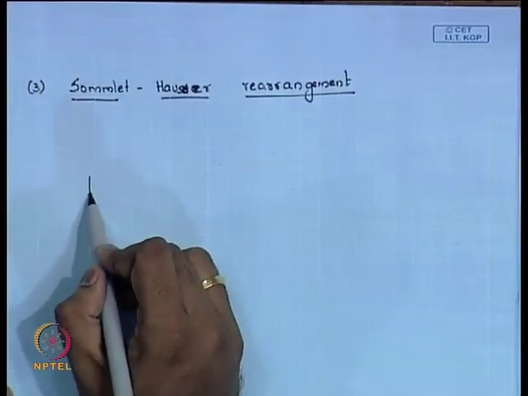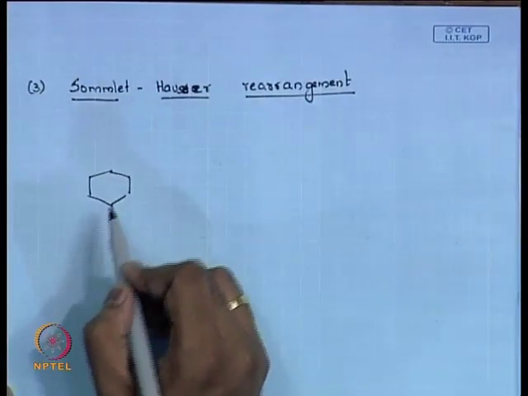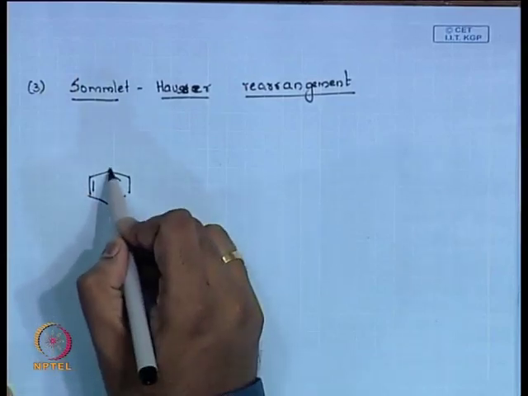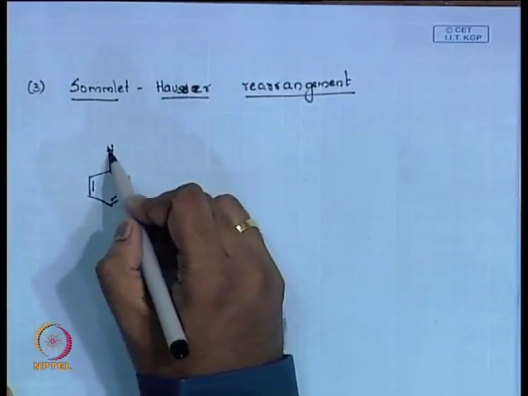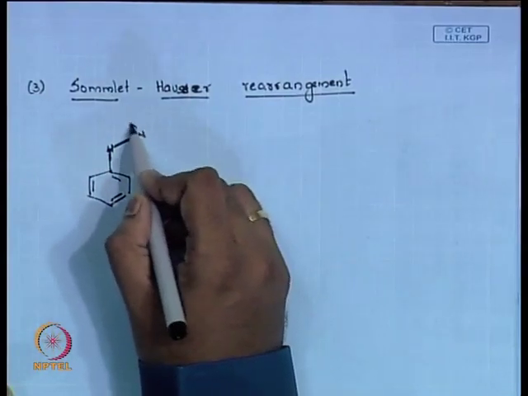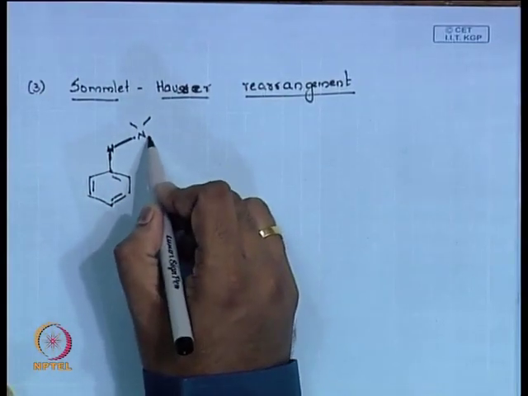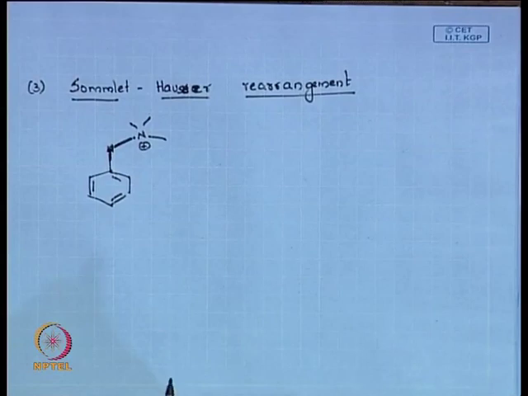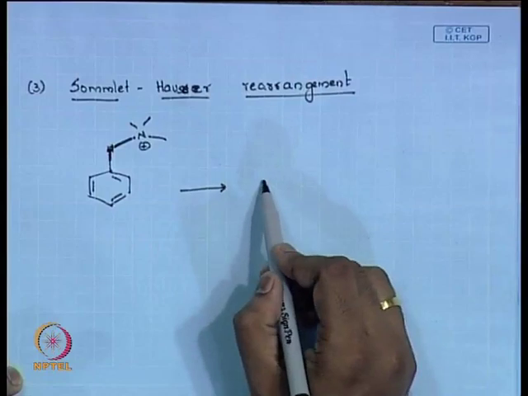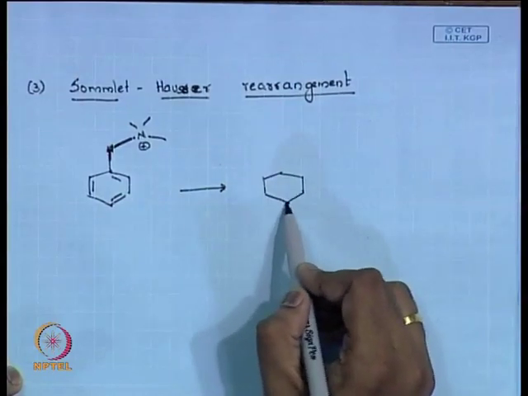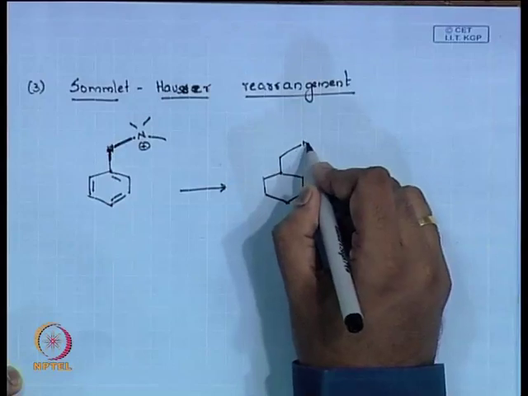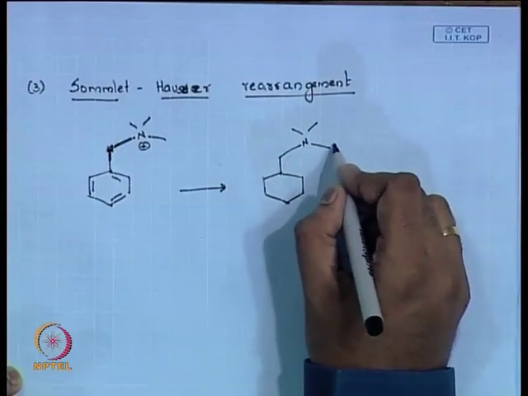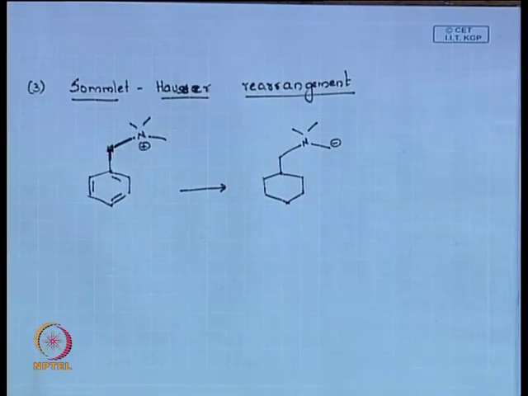Again it is 2,3. Take a type of quaternary salt, and now we can create an anion. Create an anion here. Fine.